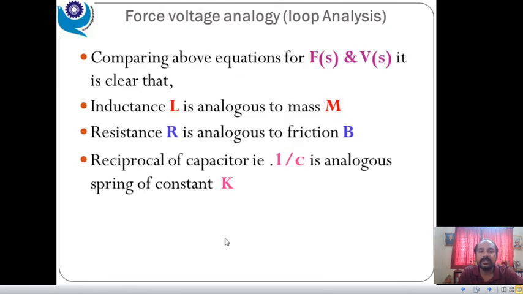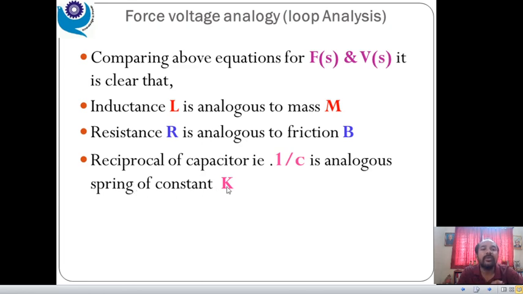We can easily compare here. Comparing the above equation for F(s) and V(s), it is clear that inductance L is analogous to mass M, resistance R is analogous to friction B, and the reciprocal of capacitance, 1/C, is analogous to the spring constant K, right?